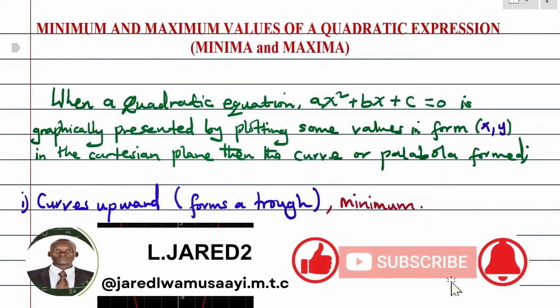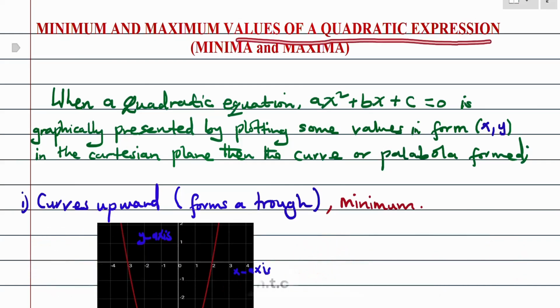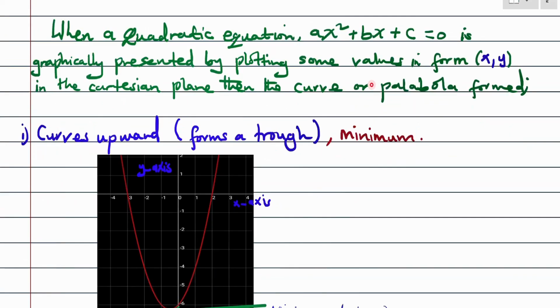In this presentation, we are going to talk about the minimum and maximum values of a quadratic expression, or we can call them minima and maxima. When a quadratic equation in the form ax squared plus bx plus c equals 0 is graphically represented by plotting values of x and y in the Cartesian plane, then the curve, or parabola, formed in case number 1 curves upwards, or forms a trough.